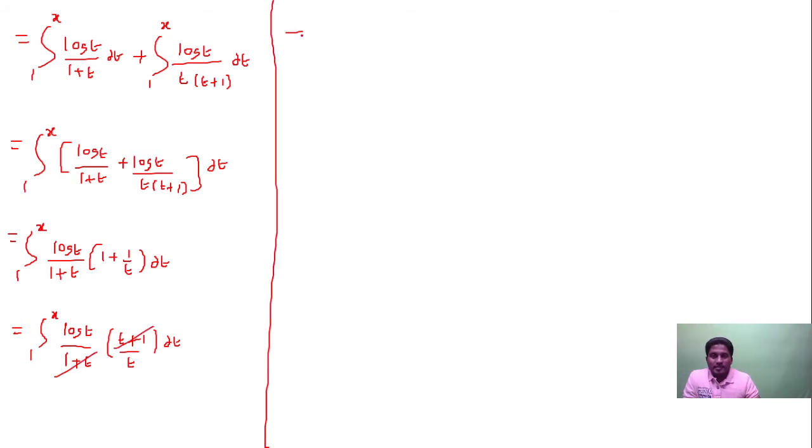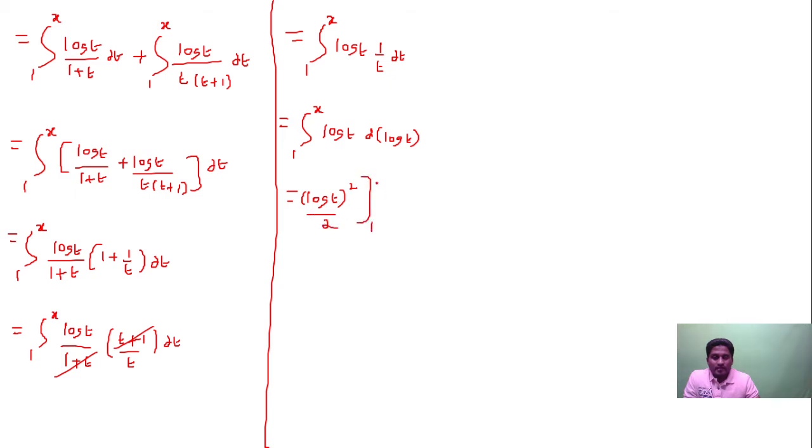Now this is equal to integration of 1 to x, log t and 1 by t dt. So this is log t, and then you get d of log t. Integration of x with respect to x is x square by 2. So log t square upon 2 between the limits 1 to x.